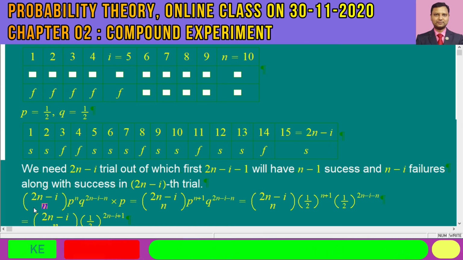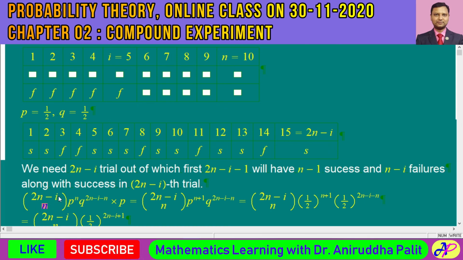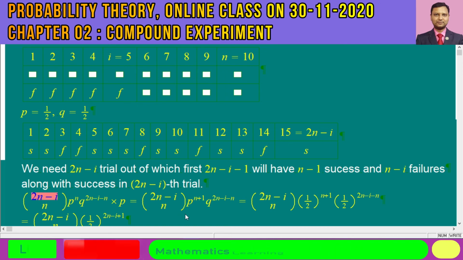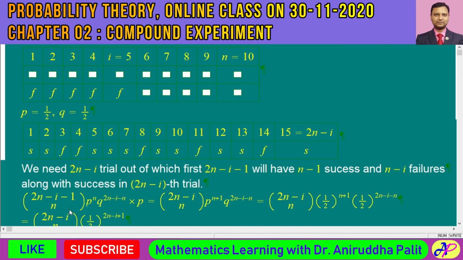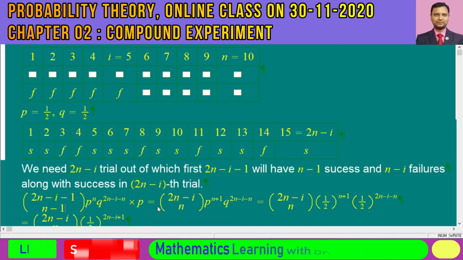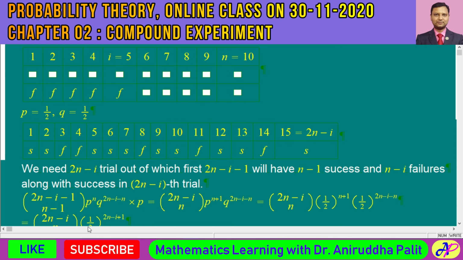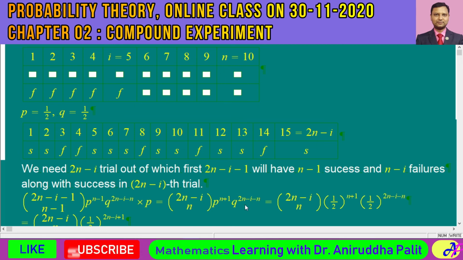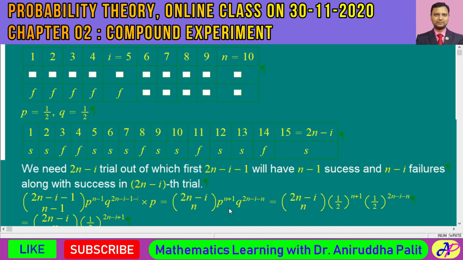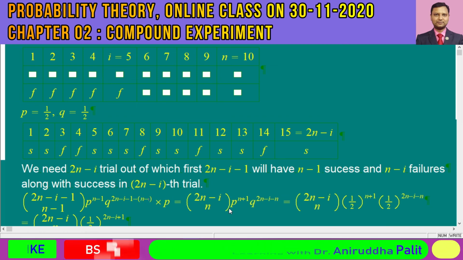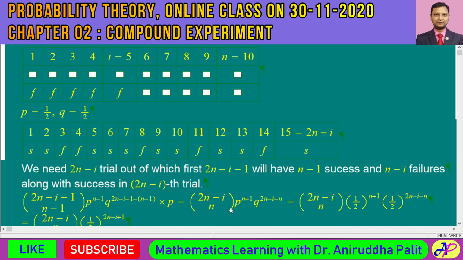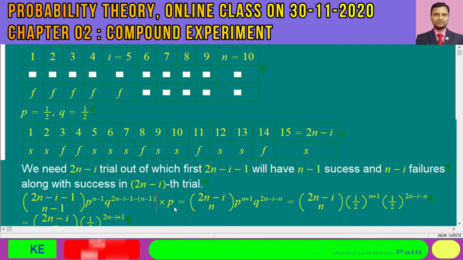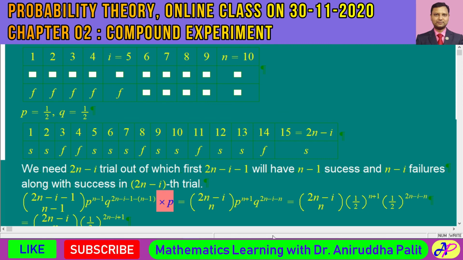Previously, we had altogether n successes. So we write twice n minus i minus 1 choose n minus 1, then p to the power of n minus 1, and twice n minus i minus 1 minus n minus 1 failures, and along with that we have a success in the last trial.